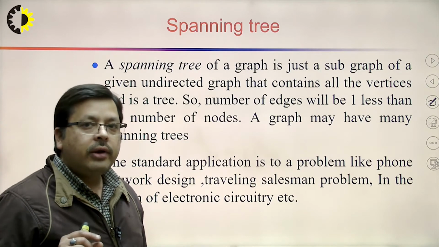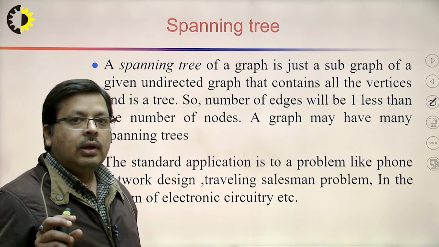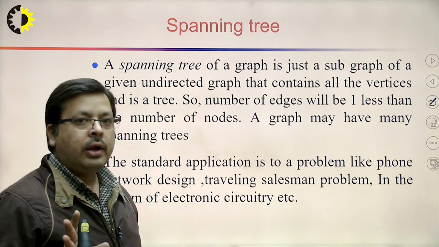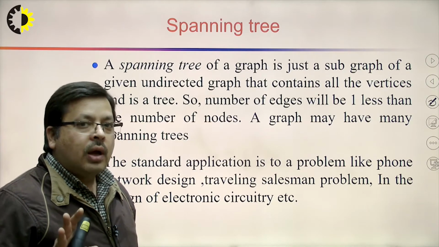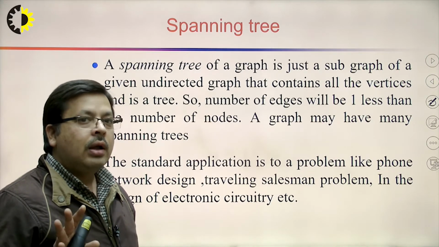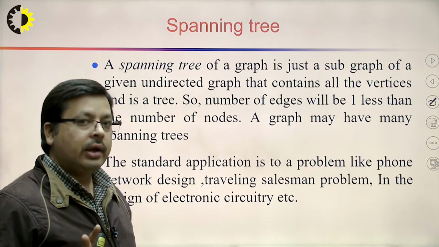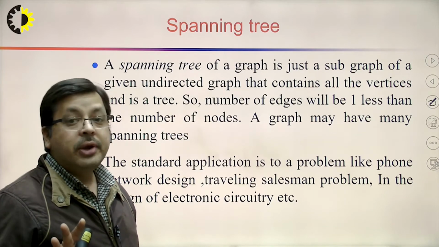A spanning tree of a graph is just a subgraph of a given graph, right? And the subgraph must be such that all the vertices in the graph are connected and it must be a tree.